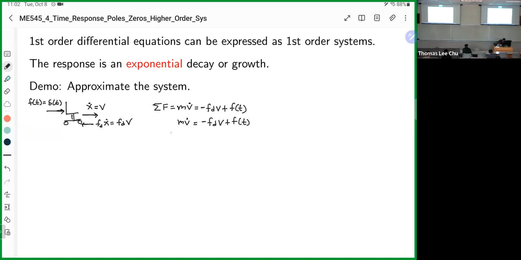Then when I take the Laplace transform of this, because my initial condition was 0, my initial velocity was 0 before I pushed it, we get m s times V of s is equal to minus F_D V of s plus F of t.